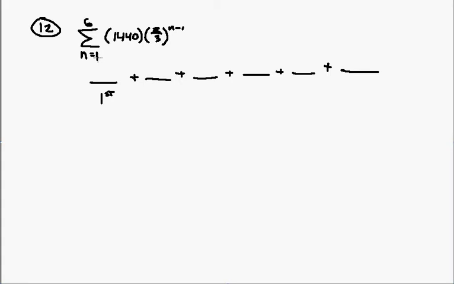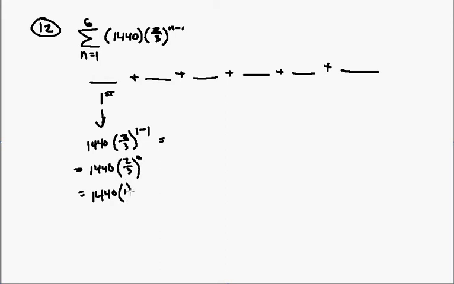If I plug 1 into the expression, this becomes 1,440 times 2/3 to the 1 minus 1, which is equal to 1,440 times 2/3 to the 0. Anything to the 0 power is 1. So we have 1,440 times 1, which is simply 1,440.